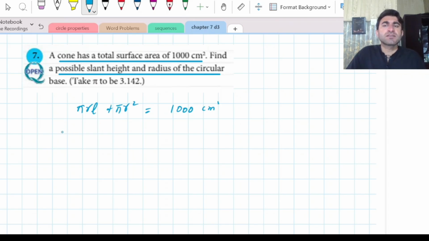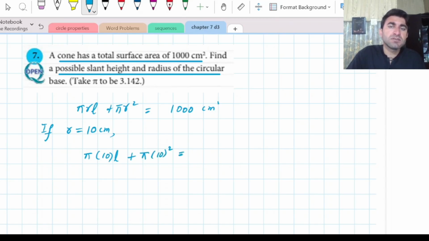So we can suppose any of the two values. I am going to start with the value of r. Suppose that r is equal to 10 centimeters, and after we replace this value, it shall become pi times 10 times slant height plus pi times 10 square, equals 1000. So this one becomes 10 pi l plus 100 pi equals 1000.